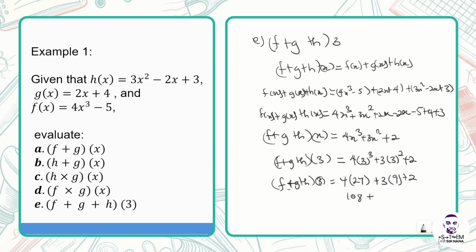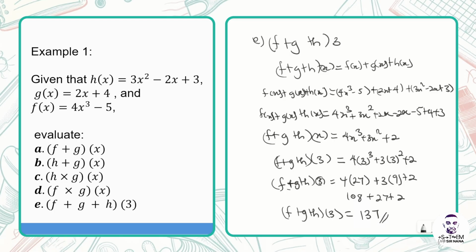So 9 multiplying 3 gives us 27. And then plus 2. So 27 plus 2, right, gives us 29. And then the 29 plus 108 gives us 137. So it means that f plus g plus h, all these of 3, is equal to 137, right?